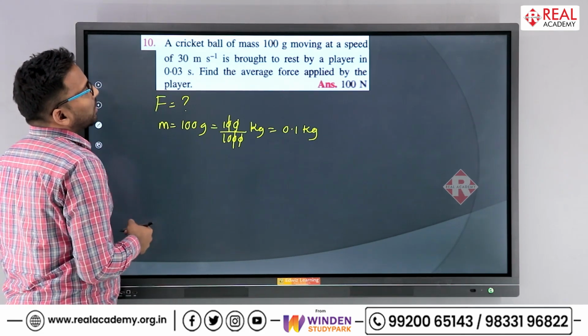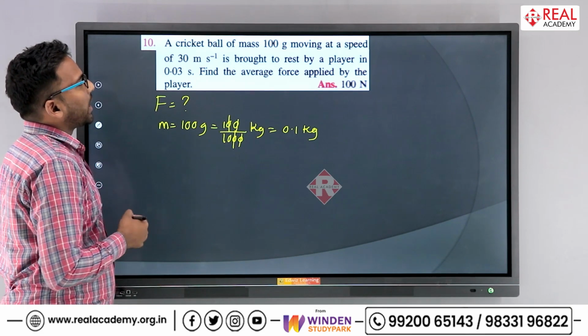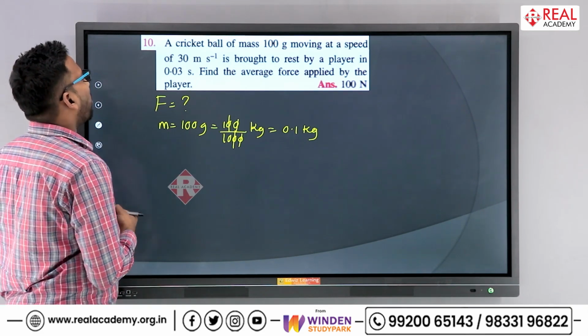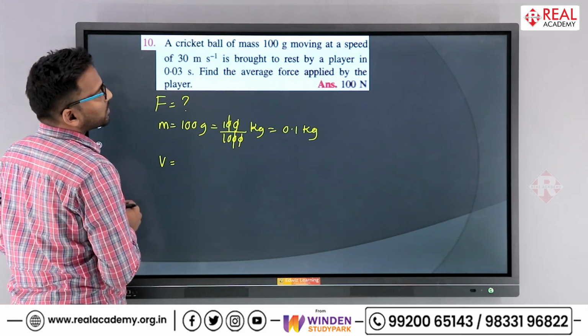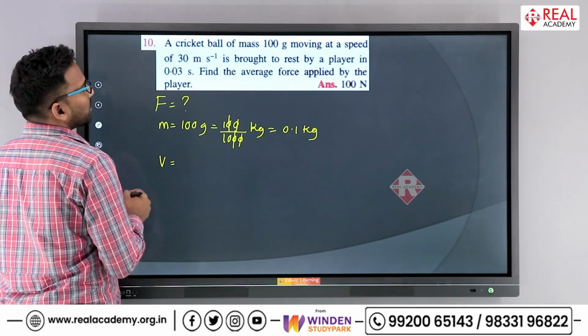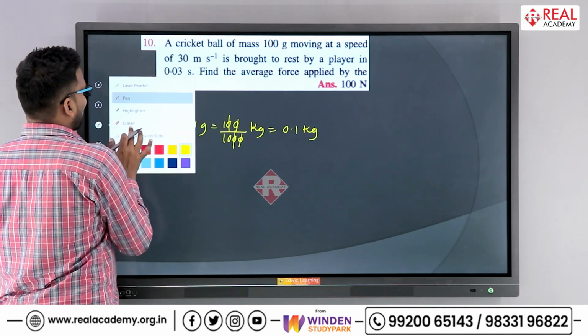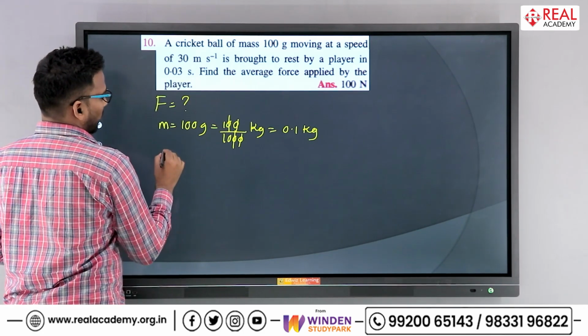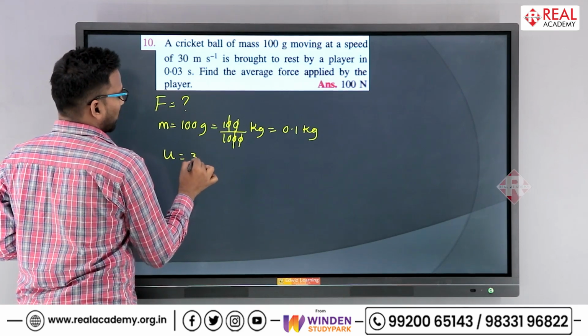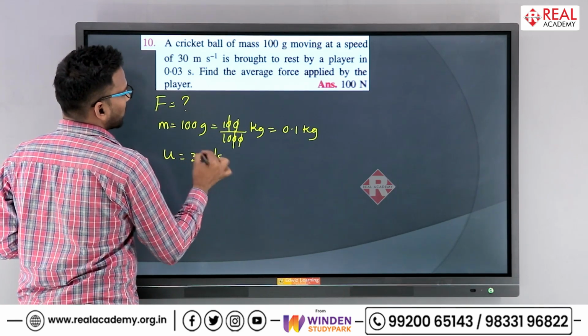Next, a cricket ball of 100 gram moving at a speed of 30 meter per second. Velocity is given. It's not v, but it's initial velocity. Okay. u is 30 meter per second.